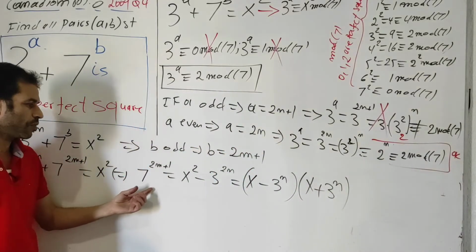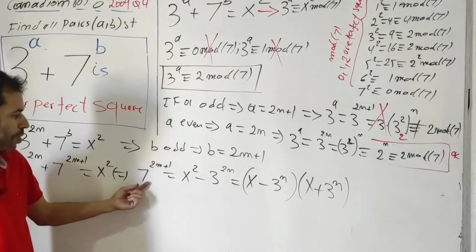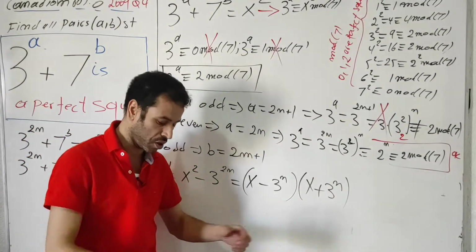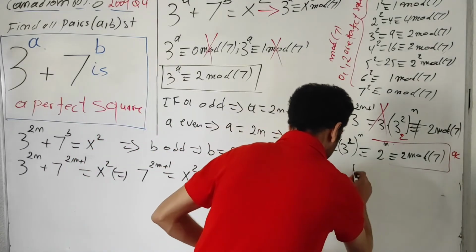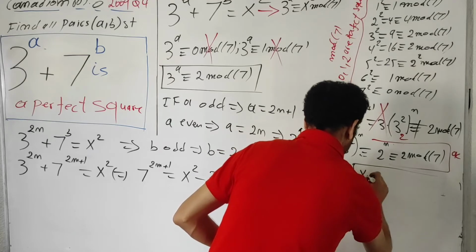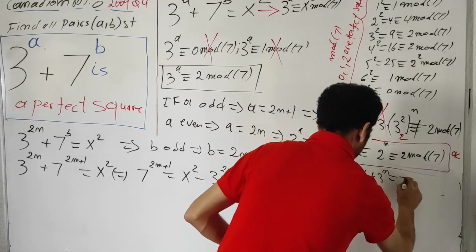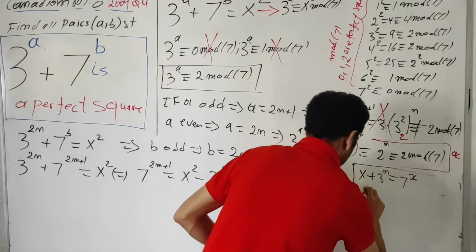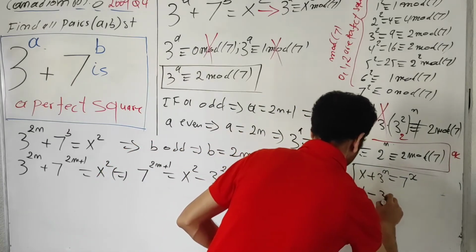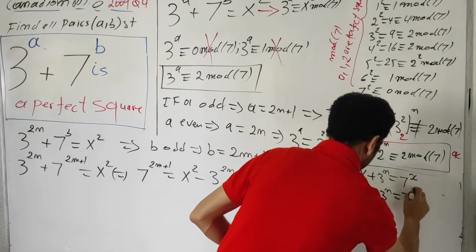Since 7 is a prime number and the left-hand side of this equation is a power of 7, the right-hand side must be a power of 7 as well. That means this will be written in this form as I did before: x plus 3 to the n equals 7 to the x, and the second equation is x minus 3 to the n equals 7 to the y.